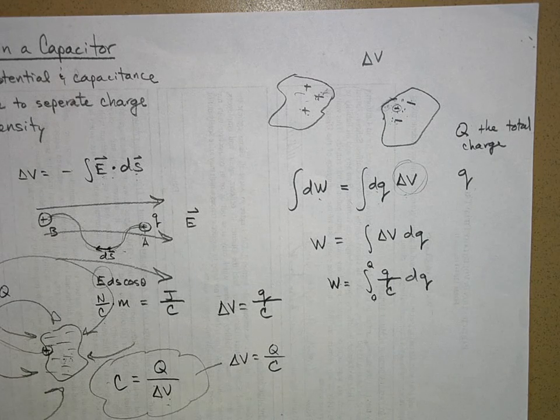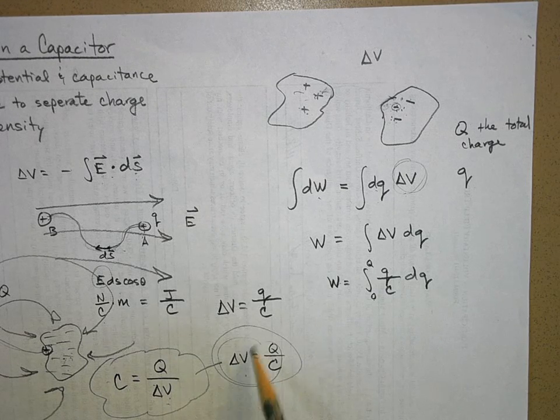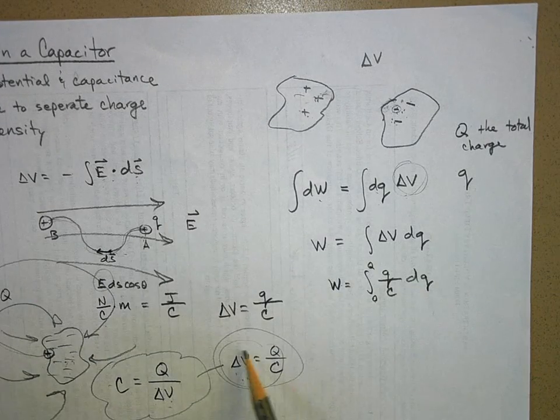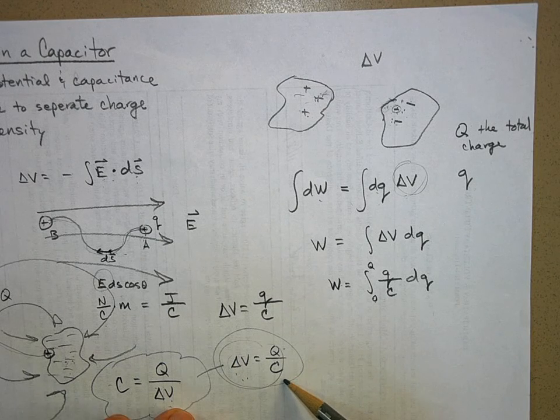Why is the little q, where it's Q over C, why is that little q and not big Q? Well, because this one right here is kind of the total voltage at the end of the problem. When I'm done transferring over charge, the total voltage is equal to the total charge over the capacitance of the system.